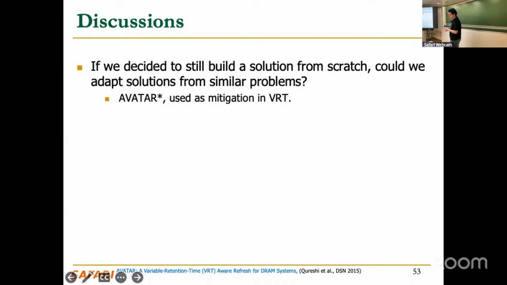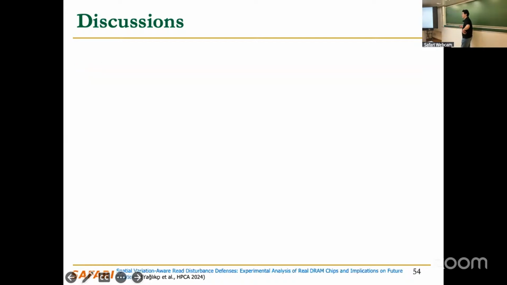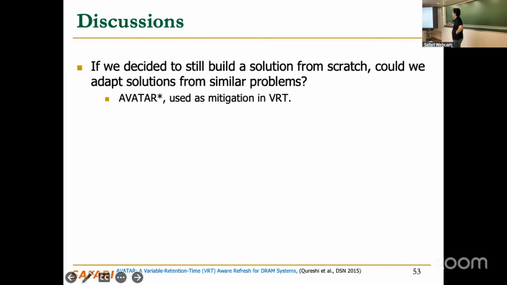Maybe you can go point by point on what you find similar. Like I explained, the similarity is that there's a variance problem in both of them, meaning that in one problem we talk about the retention time, that is, how long a cell can hold its charge without any refreshes. In this case, we also have the RowHammer problem. Like before any mitigations, there's also some threshold we have.